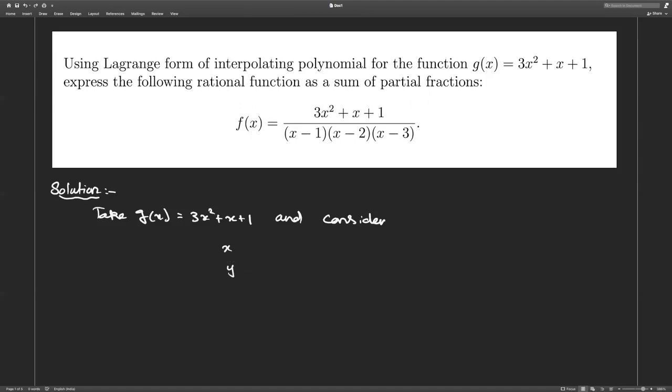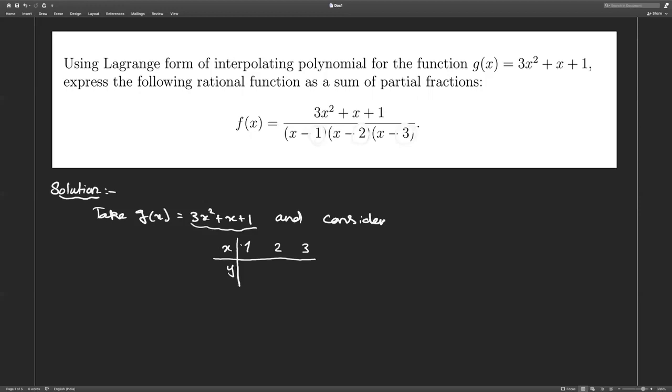Therefore, if we have to write it in the Lagrange form, we at least need 3 nodes, and let us take these 3 nodes as 1, 2 and 3. Why I am taking this is just you have to take those which are given here. You can see 1, 2, 3 are given in the denominator, that you have to take as the nodes and find the value of g of x at those nodes.